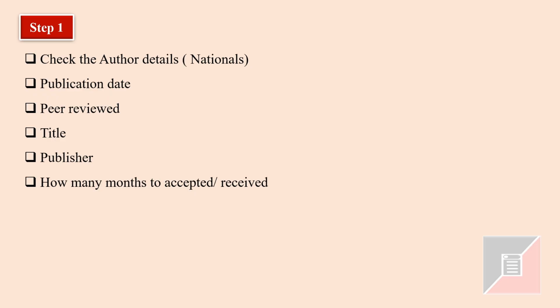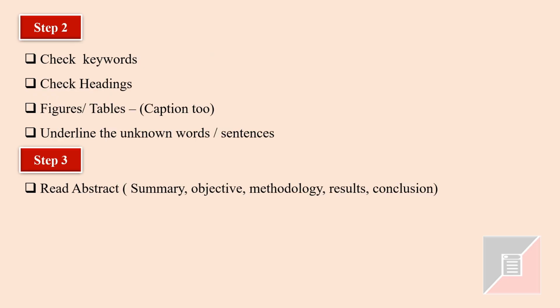Some journals accept with no formatting, nothing; whatever you give, they will accept it. So check whether it is such a journal or a reputed publisher, and check whether the title is relevant to our research work. Then see how many months they took to accept. If it is rejected, we will not be able to know, but if it is accepted, we can find the information.